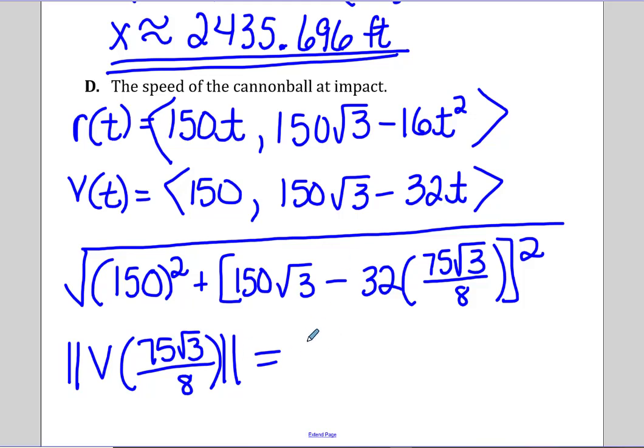And just like I guessed, it was 300 feet per second.